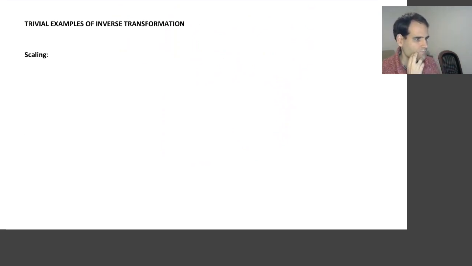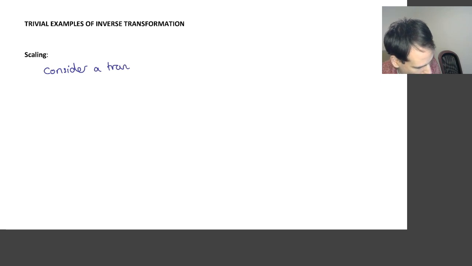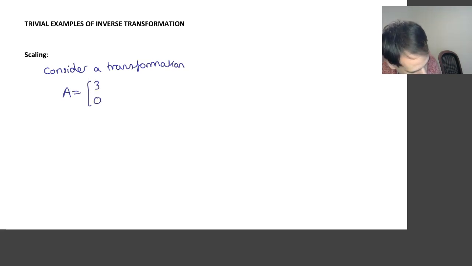For example, imagine you have a transformation as follows. This transformation scales everything along the x direction by a factor of 3, and it scales everything in the y direction by a factor of 1/2, right?